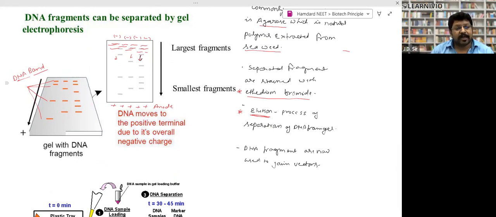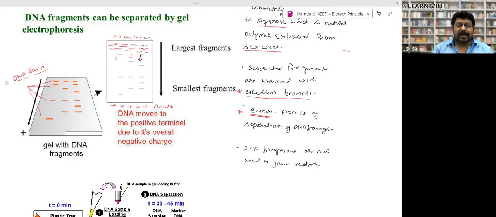The name of the dye has been asked many times: ethidium bromide. After staining the DNA with ethidium bromide, we put a nitrocellulose film or nylon film over this agarose gel, and the DNA gets stuck to that nitrocellulose film.